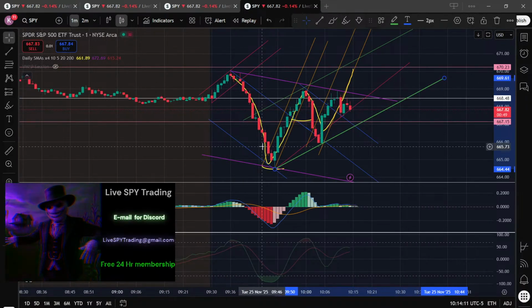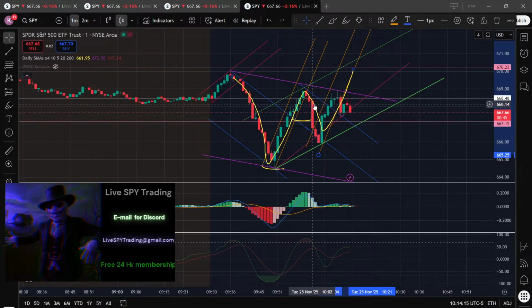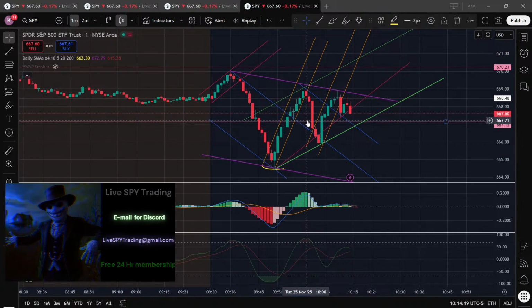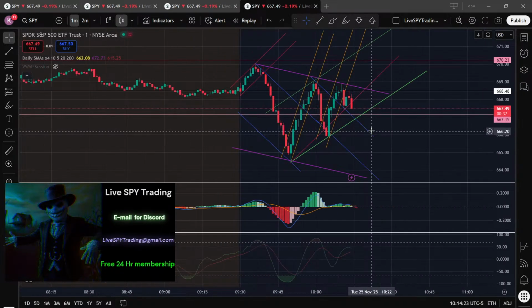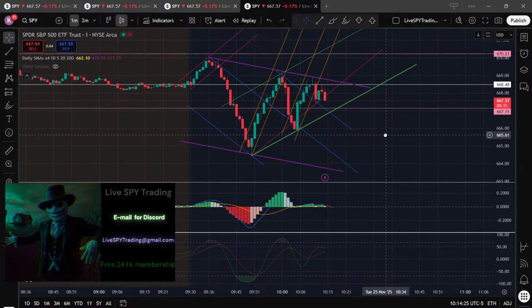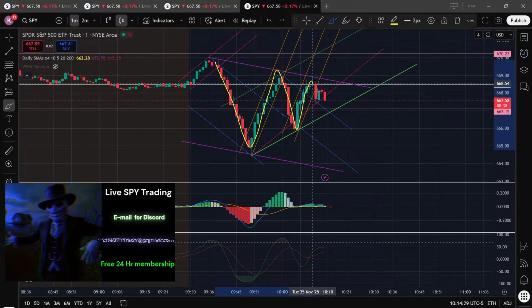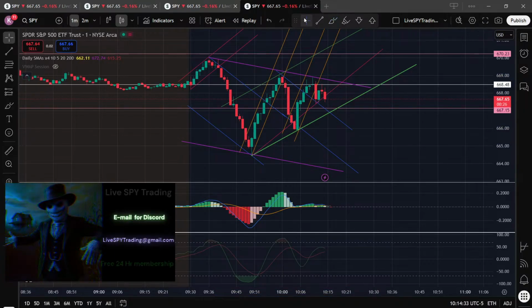See this green and purple wedge? So just be patient here. It's gonna get easier. Watch.